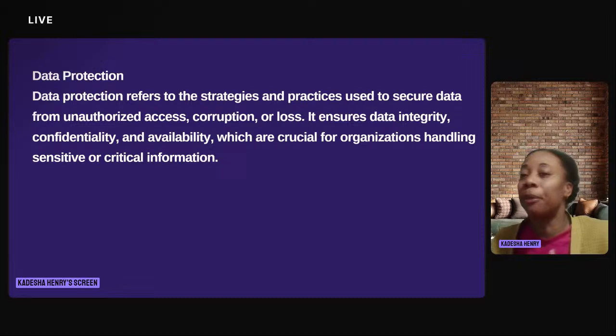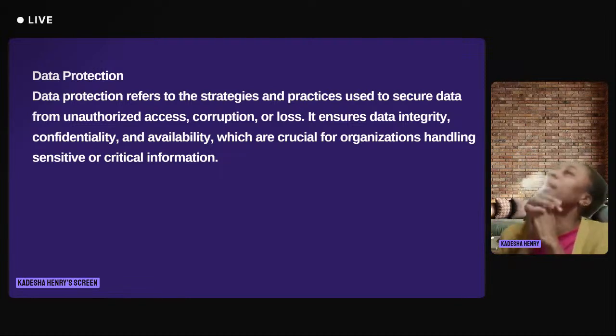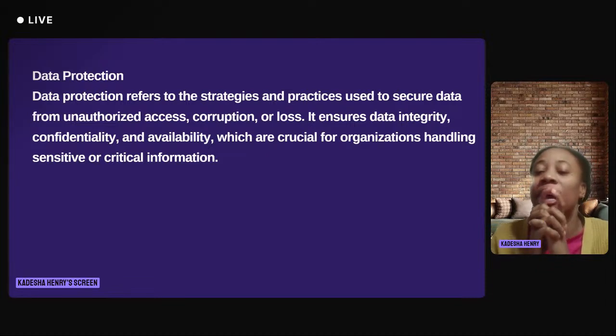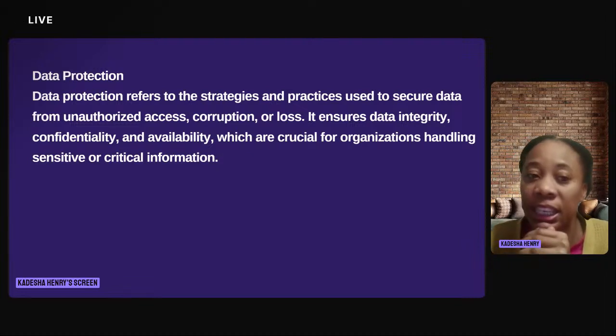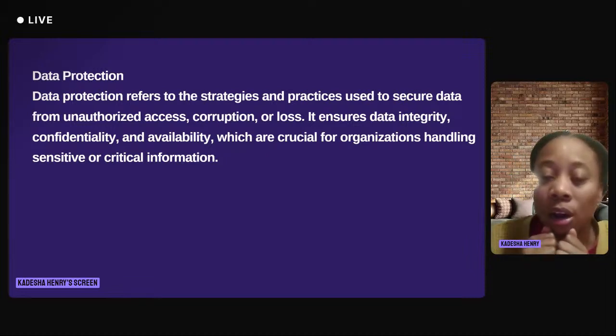Okay, so data protection. When we talk about the whole idea of data protection, it refers to strategies and practices used to secure the data from unauthorized access, corruption, and or loss, right?